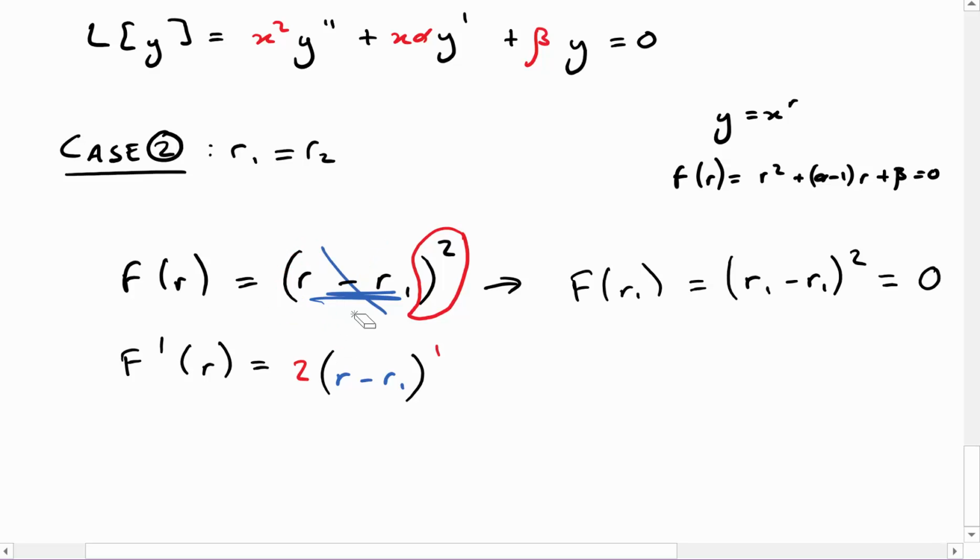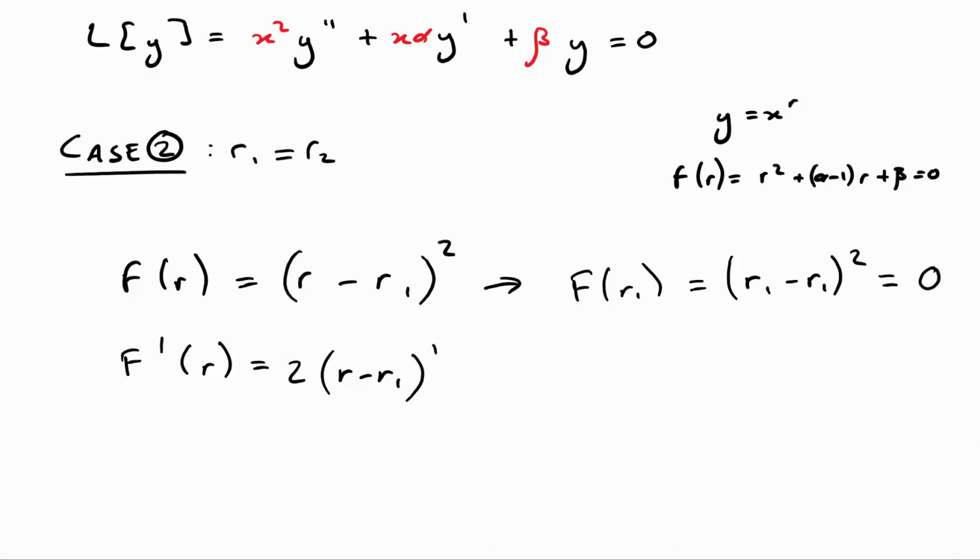Now I'm going to multiply it by whatever's on the inside, so the derivative of that. I'm differentiating with respect to r, and r1 is just a constant, so the derivative of r with respect to r is just 1, so it's multiplied by 1. This is what I end up with: 2 lots of r minus r1 to the power of 1.